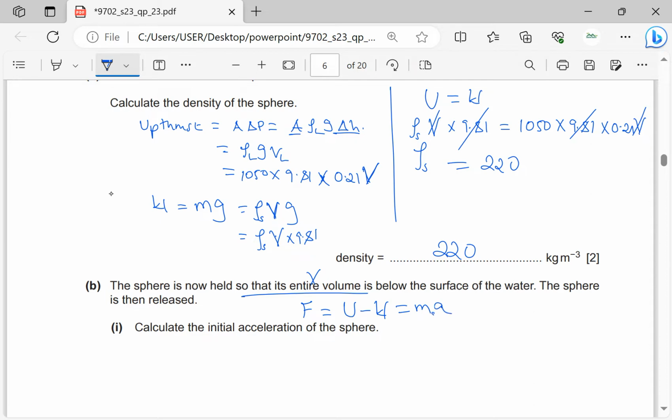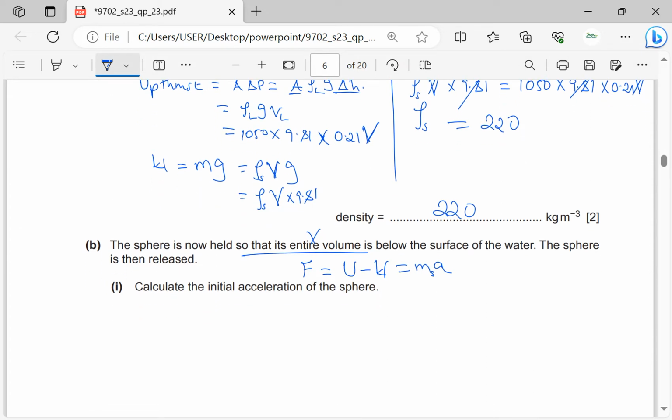This will be, of course, the mass of the sphere. And we know that the mass of the sphere is equal to the density of the sphere times the volume of the sphere. So let's just substitute.